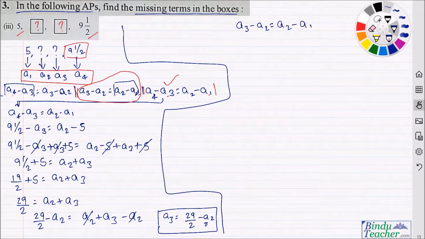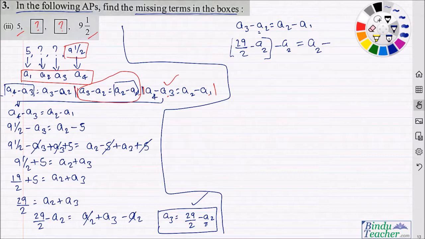Now we have the value of A3 as 29 by 2 minus A2. So I'll write 29 by 2, so I'm just doing a simple substitution. 29 by 2 minus A2, and again whatever is left over, minus A2 from here, equals A2 minus A1.